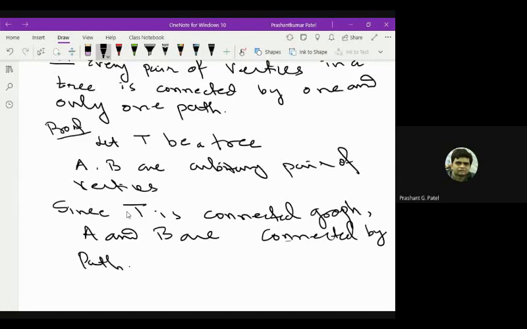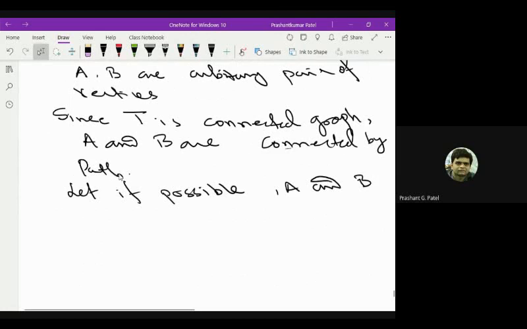Let us assume that, if possible, A and B are connected by two distinct paths. Then what will happen in a tree? Can somebody tell me?